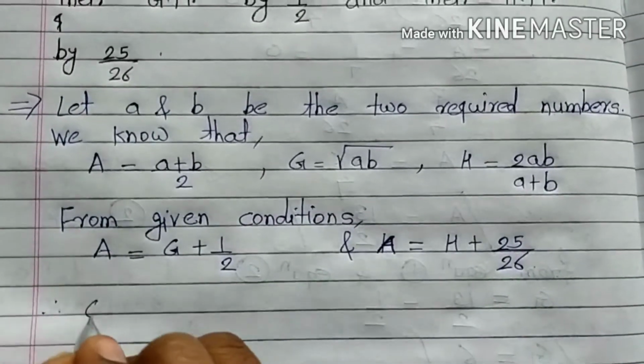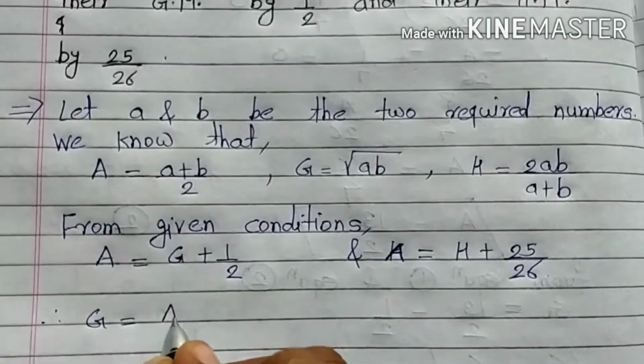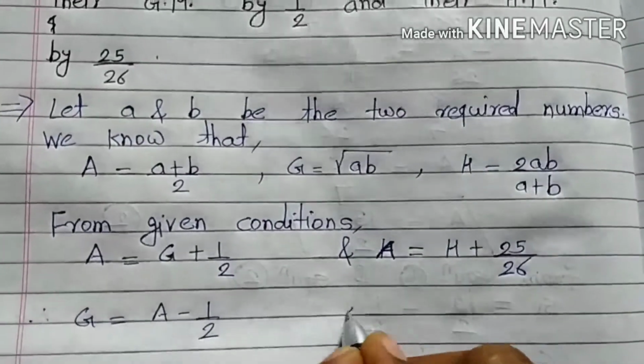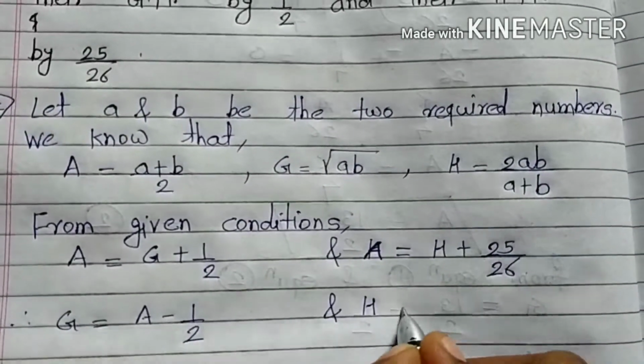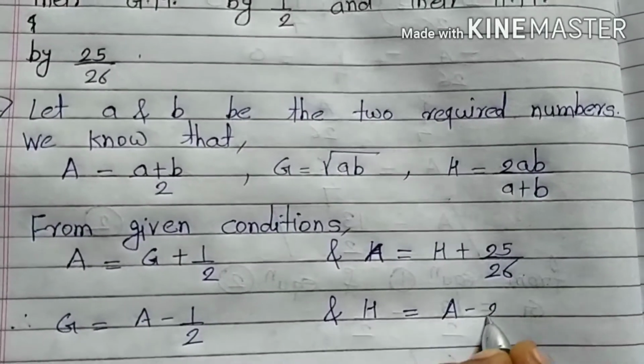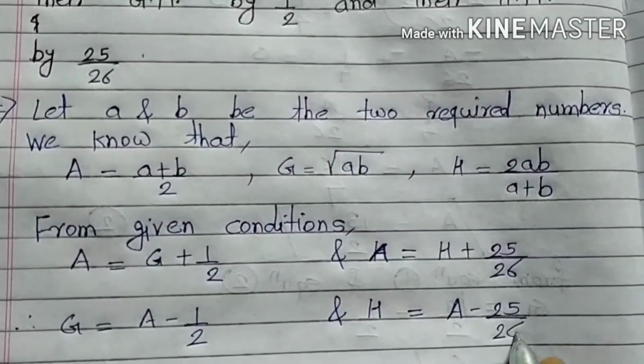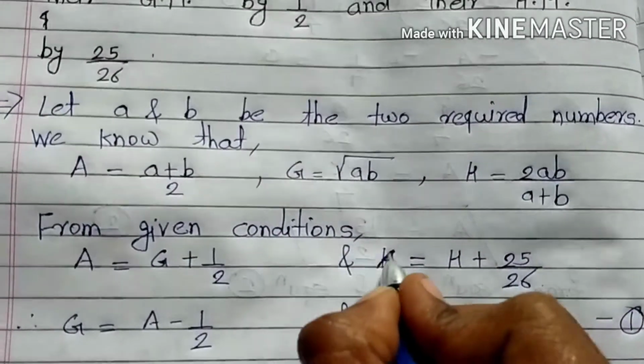Therefore G is equal to A minus 1/2 and H is equal to A minus 25 upon 26. Give it equation first.